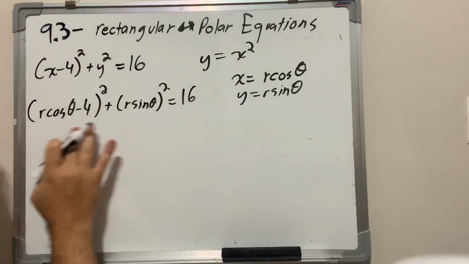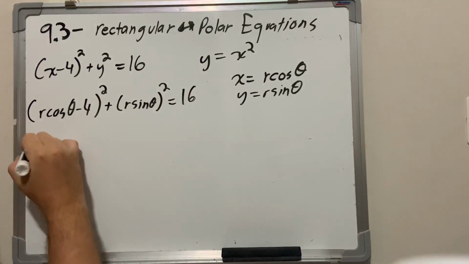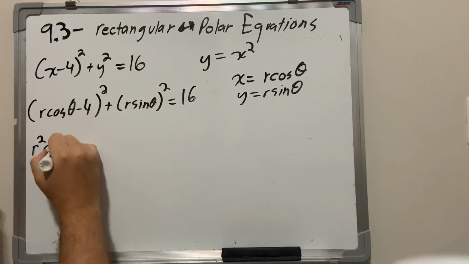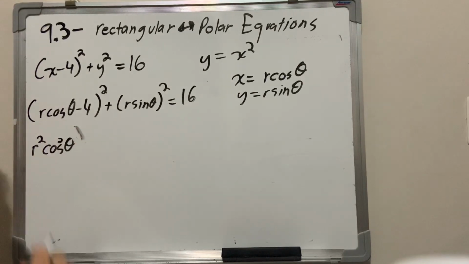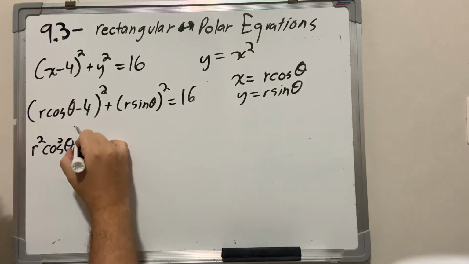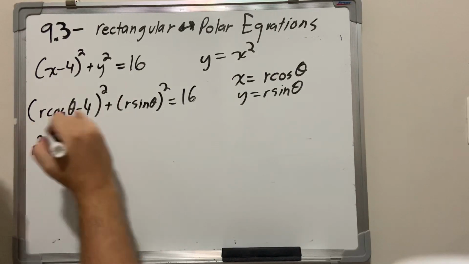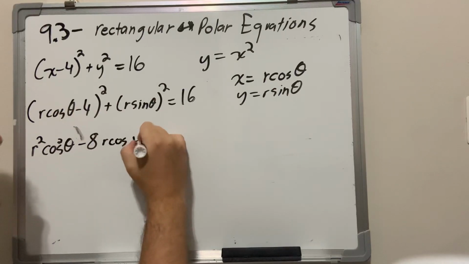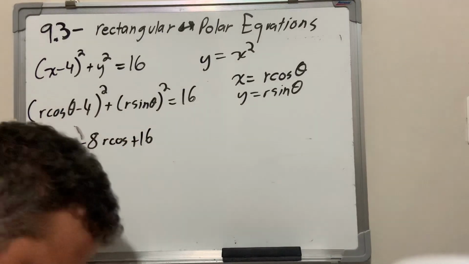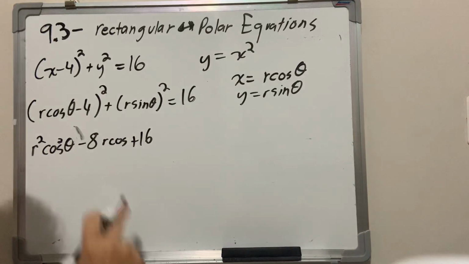Once you expand this binomial, it turns into r squared cosine squared theta minus 8r cosine theta plus 16.